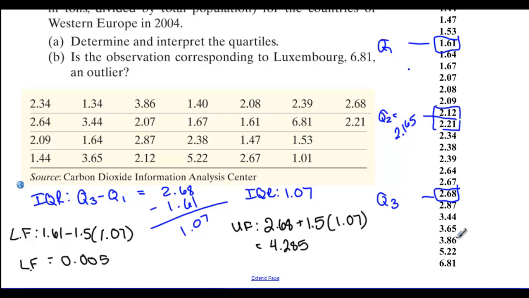So that 4.285 is falling right here. There's our upper fence, which means the 5.22 and the 6.81 are outliers.